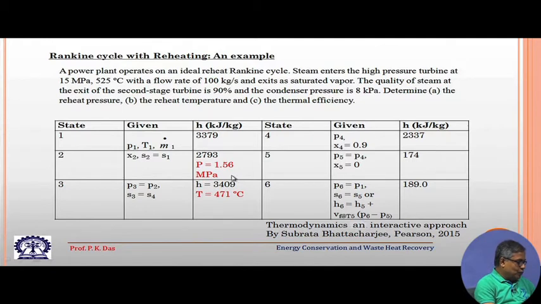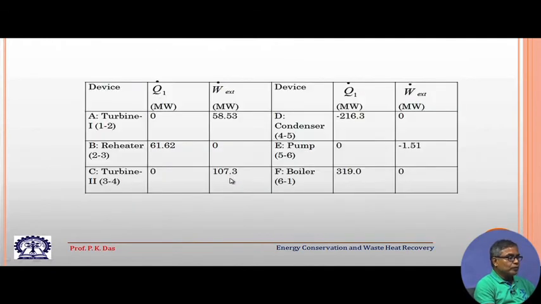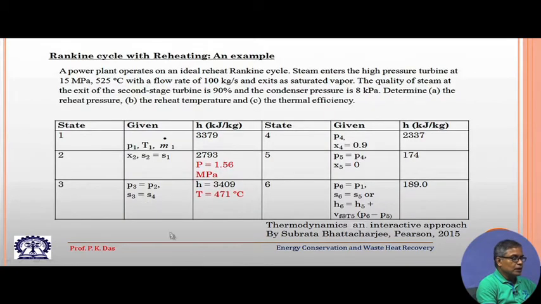Now, let us move to state 4. In state 4, the P4 is given in the problem, that is the condenser pressure of 8 kilopascal, and X is given.